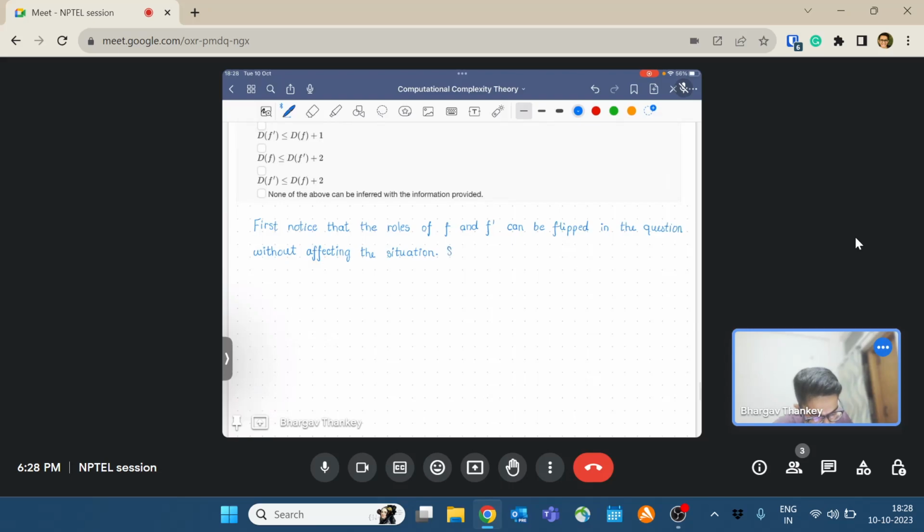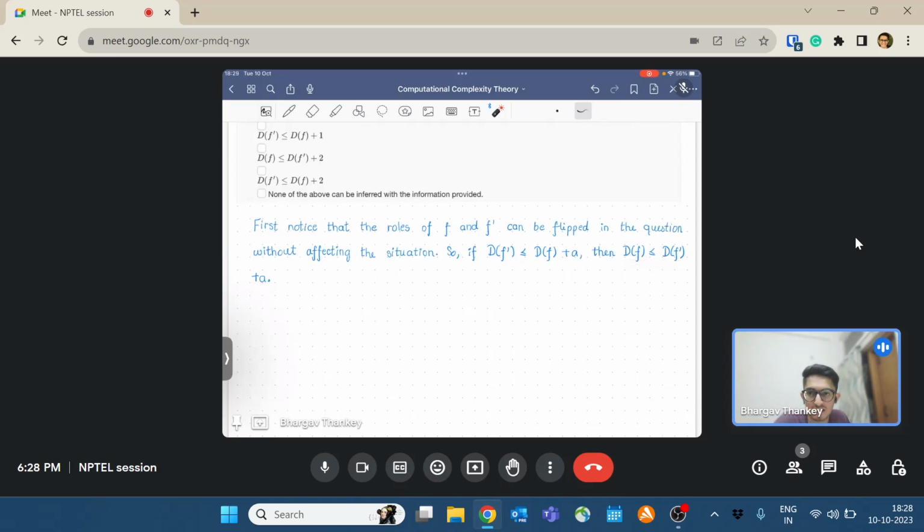So if D(f prime) is less than or equal to D(f) plus a, then D(f) is also less than or equal to D(f prime) plus a. Why? Because the current question gives us this, but even if I were to change the places of f and f prime, I still land up in the same situation. Then by flipping, I can get this.